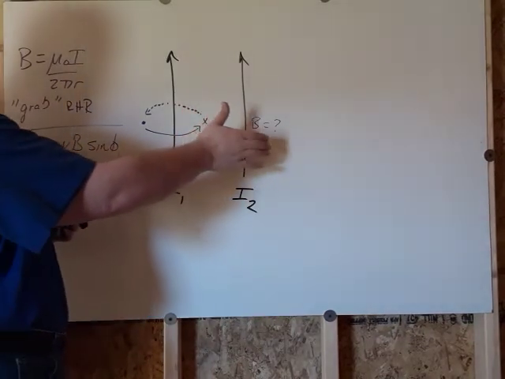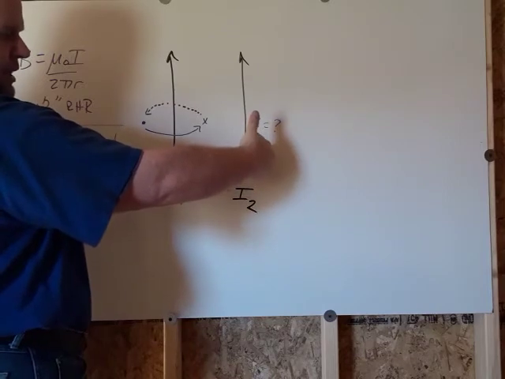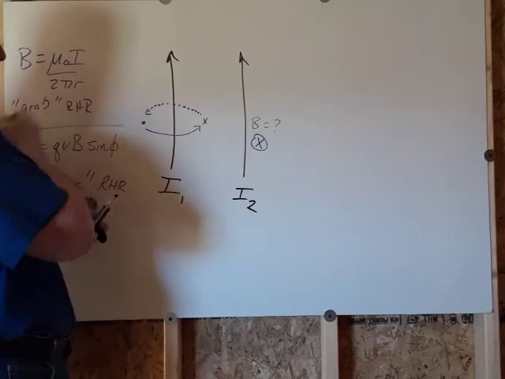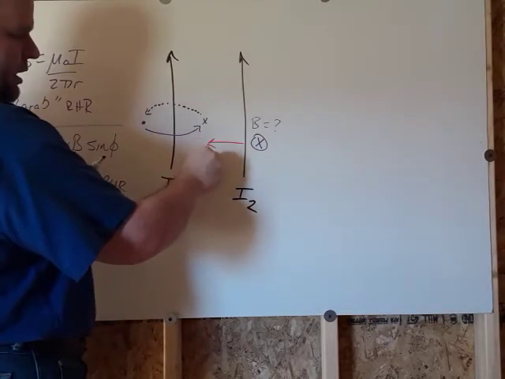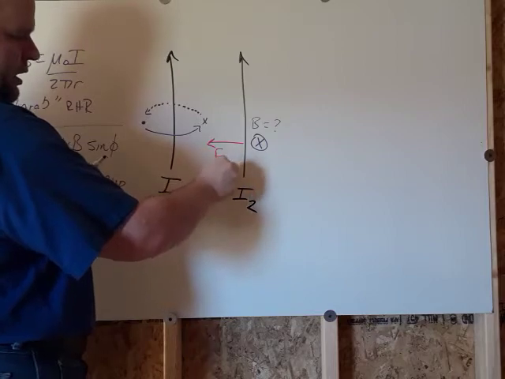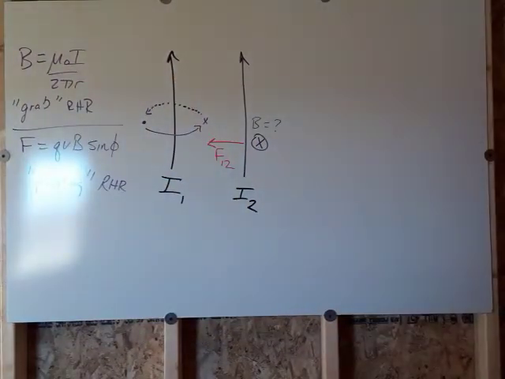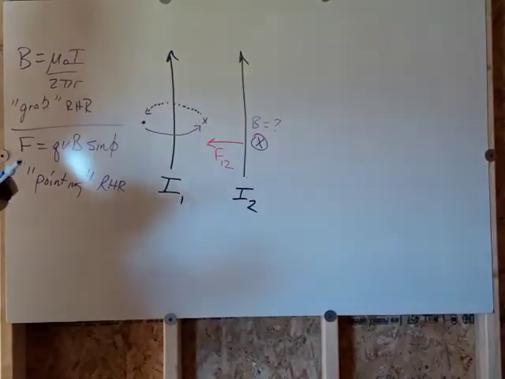So we grab, and that puts our fingers into the board. And from this, it tells us that our force travels to the left in this case. I'm hoping that's visible. That looks pretty visible. That's good.